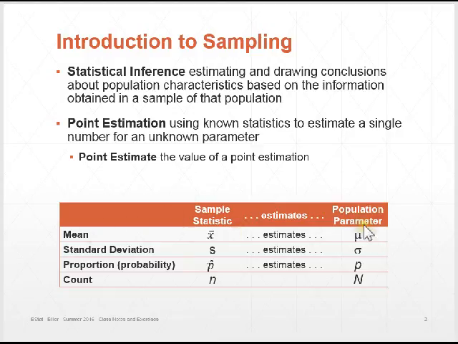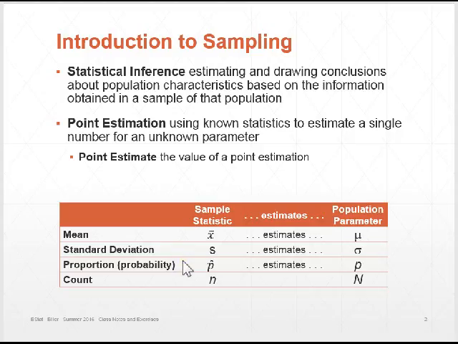We've worked with the population parameter mu, which corresponds to the population mean. The sample mean is represented by x with a line over top of it. We call that x bar. Likewise, standard deviation, sigma, represents our population standard deviation, whereas lowercase s represents a sample standard deviation.